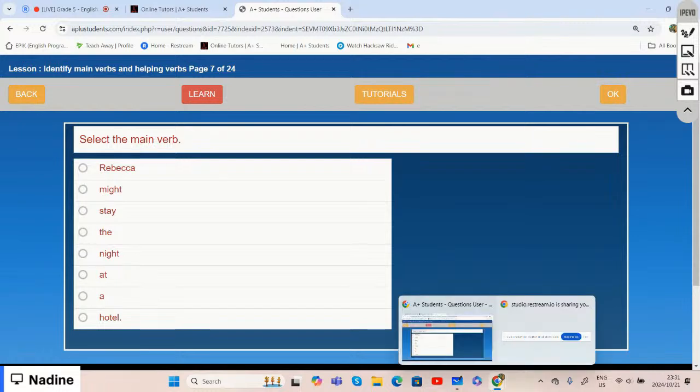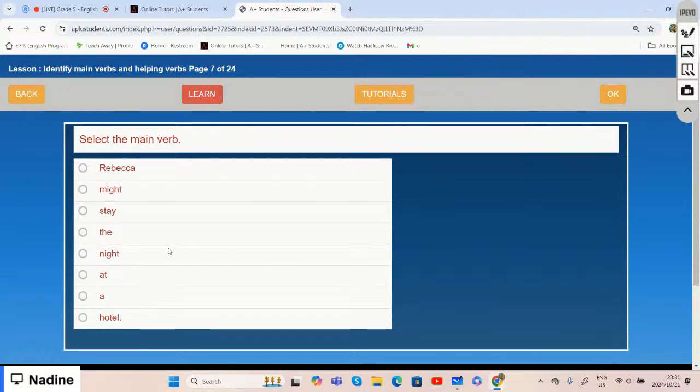All right. So that is us in the test, identifying main verbs first.